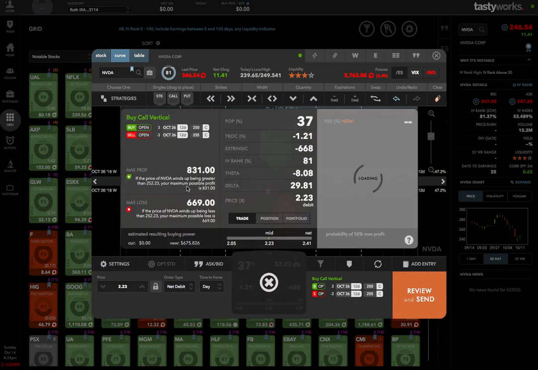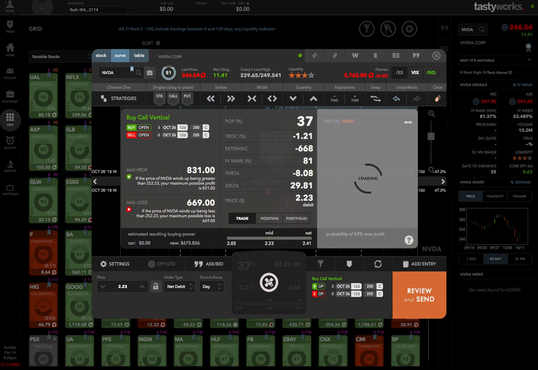So it's going to cost you $669 to put the trade on, and it's going to bring you a max profit of $831. Usually on vertical spreads, you want to take profit when you have half of this, so about $400. If you take profit at $400, you made a pretty good profit.